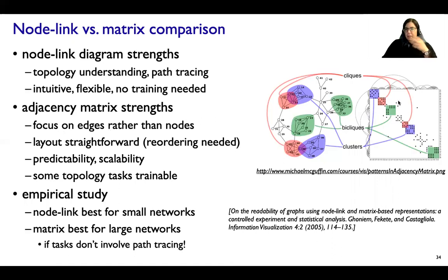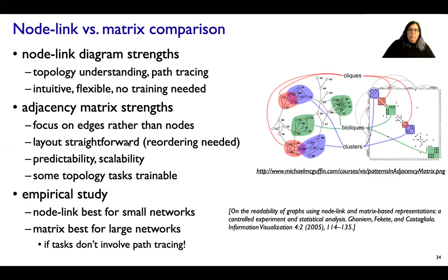And there really is a way to explicitly see for any edge, is it there or not? Whereas sometimes that can be very hard to notice, right? You might have a very short edge and you don't know quite where it is versus a very long edge. So it's very straightforward to lay it out. You do need to compute this reordering, but it's just going to be a matrix, right? There's not a lot of complex computation there. So it's predictable, it's very, very scalable, and you can train people to do some topology tasks.